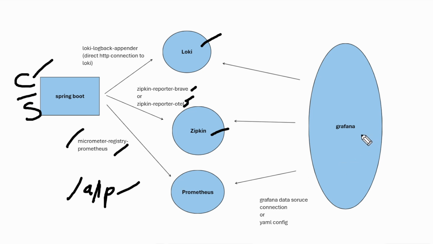From the visualization side, we have Grafana here, and we will use the Grafana data source to import Loki, Zipkin, and Prometheus into Grafana so that we can view all of them in the Grafana workspace. To do that, we will use the data source connection, or alternatively you can also use a YAML config.